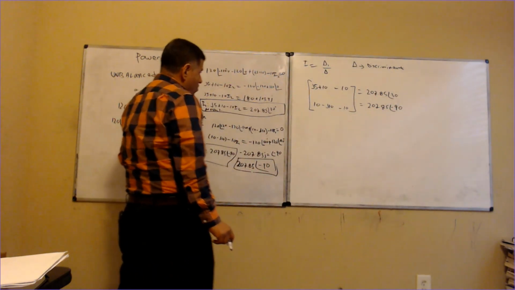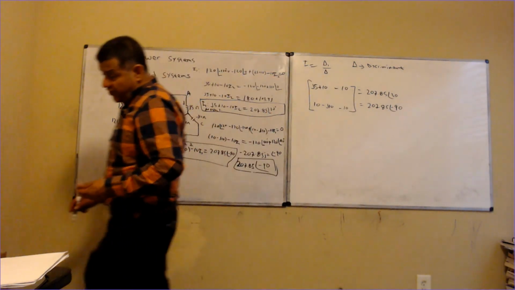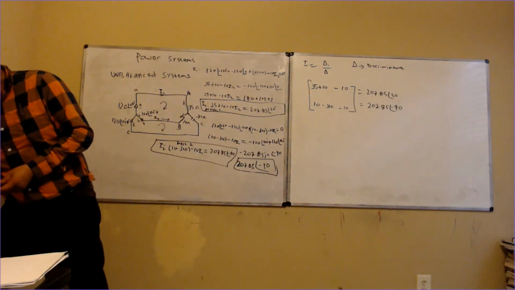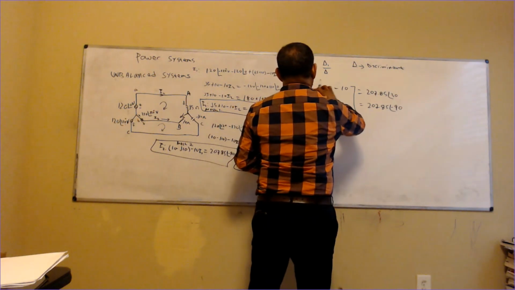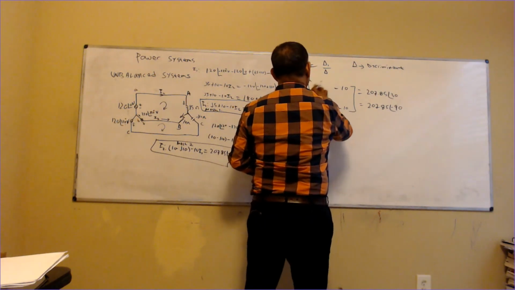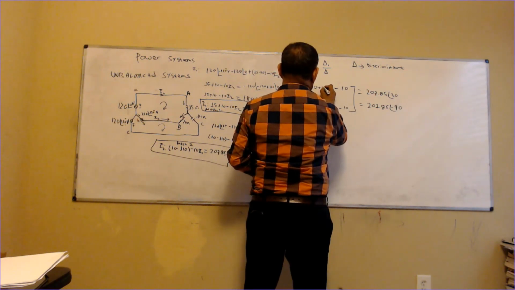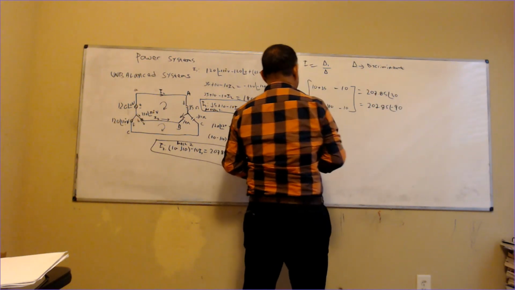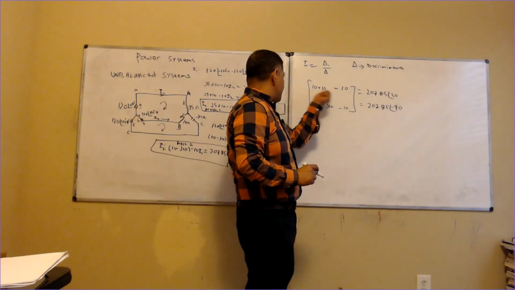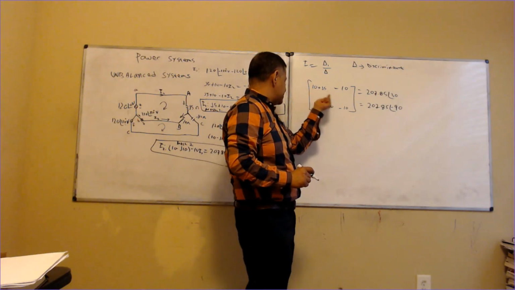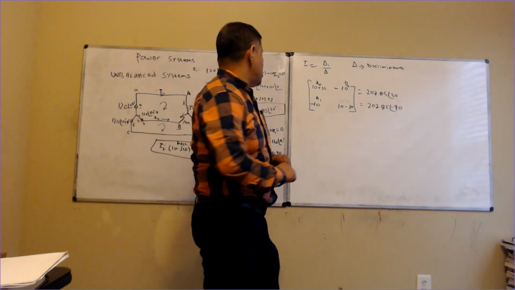Okay, so when I do that, actually, I guess it doesn't matter, but it's good to have them. So it's 10 plus J5. I guess they want to keep things in order. This is like a resistor before the inductive or capacitive impedance.